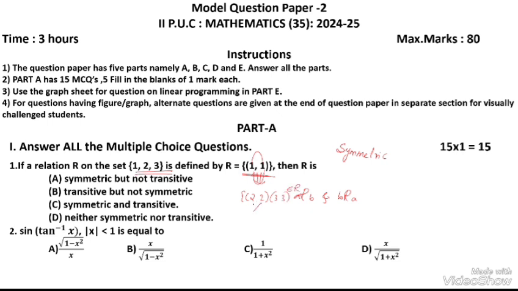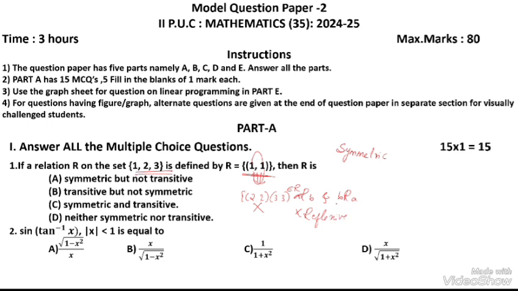It means it is not reflexive, because for reflexivity every element must be related to itself. Here there is no pair for 2 and 3. Therefore, it is not reflexive.